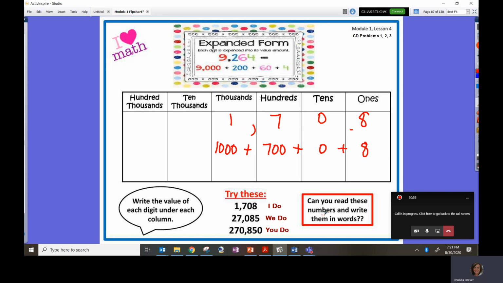So then I'm going to write this into words. So my word form would be 1000, 700.